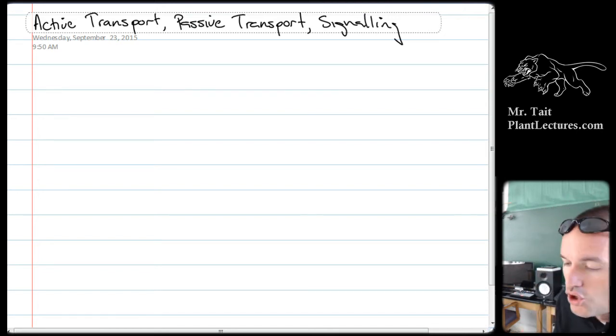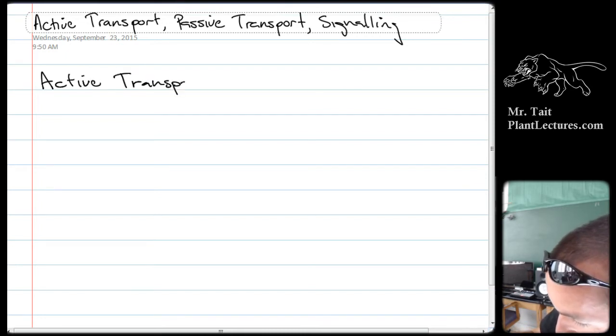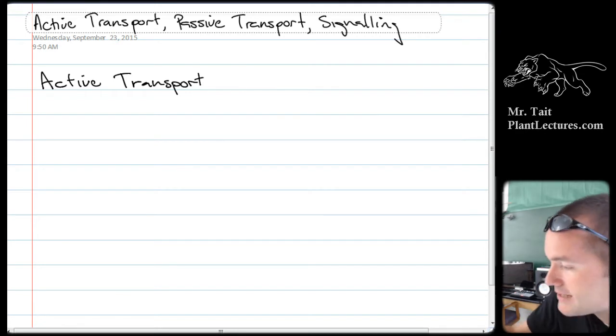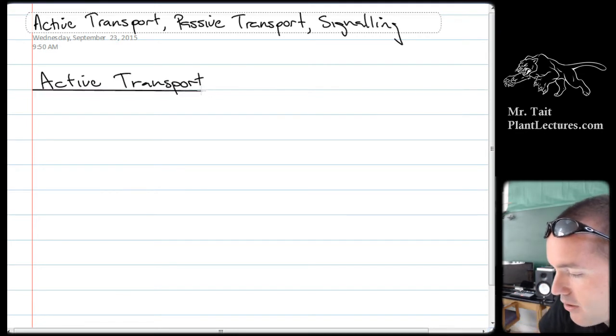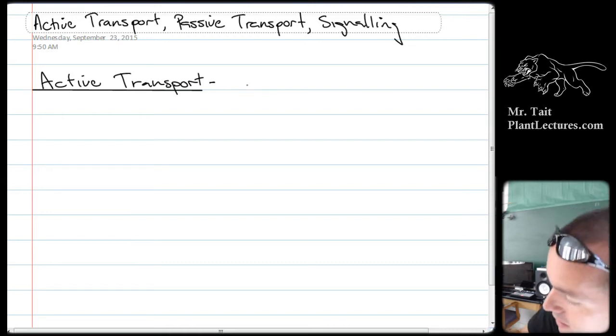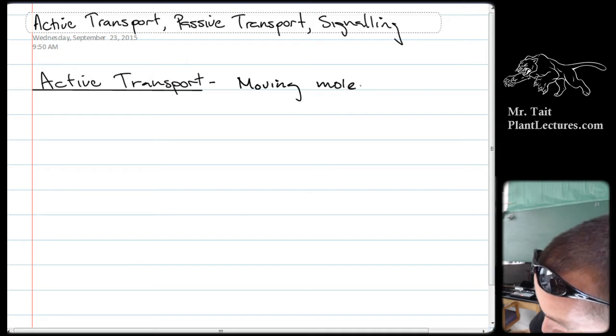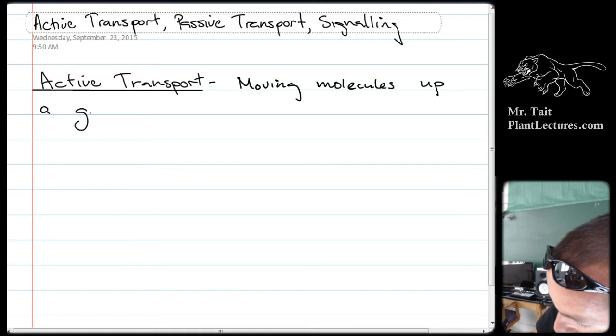Okay, so we're going to start with active transport. And we know passive transport is going down a gradient. So active transport is going up a gradient or against a gradient. So moving molecules up a gradient.